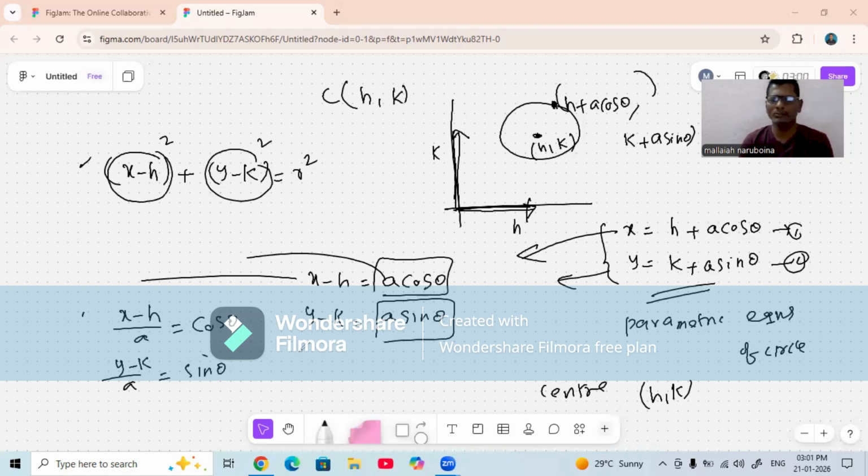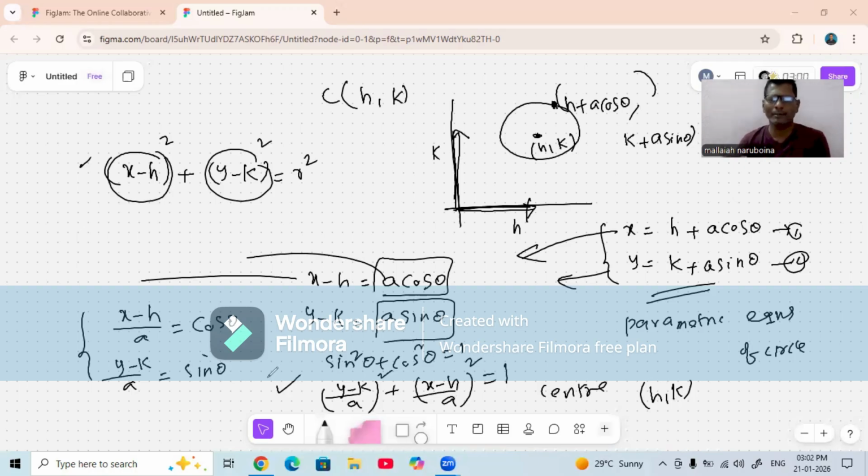Again, we know sin²θ + cos²θ = 1. So in the place of sin θ we can write ((y − k)/a)², plus in the place of cos θ ((x − h)/a)², that is equal to 1. Remember this one. These are the parametric equations of a circle.